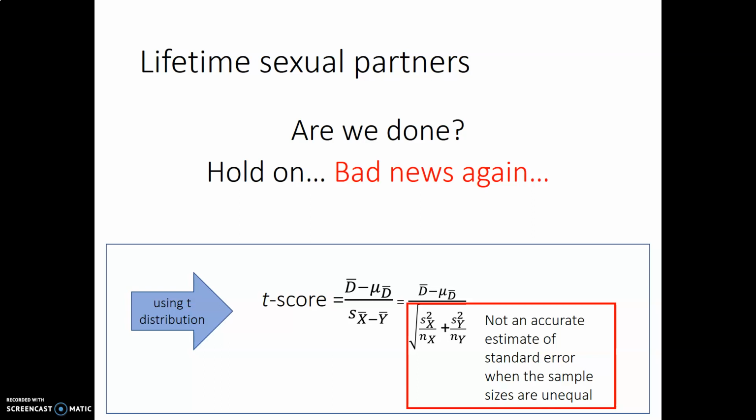So the way we estimate the standard error of the sampling distribution of the mean difference will not be accurate, because the sample sizes are very different from each other.